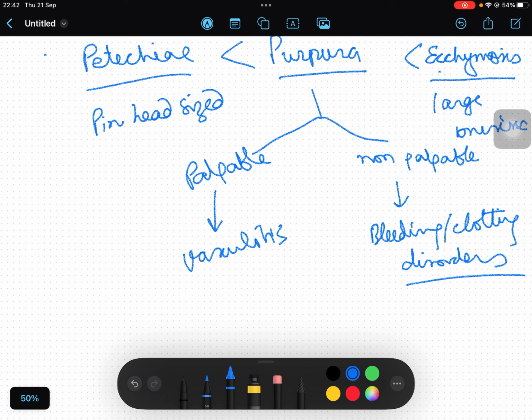However, some vasculitis, capillaritis may also result in non-palpable purpura, but usually vasculitis causes palpable purpura and non-palpable purpura are a result of bleeding or clotting disorders.